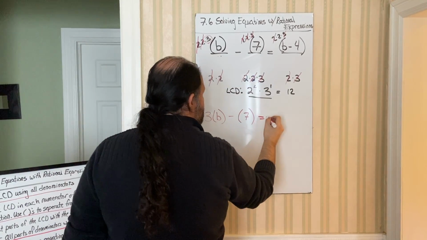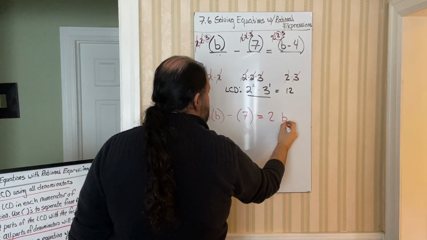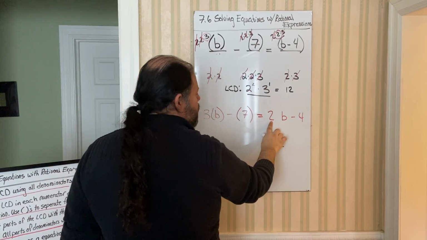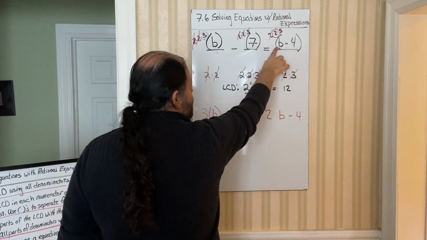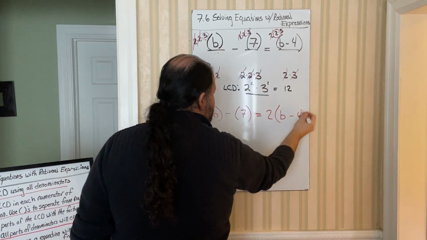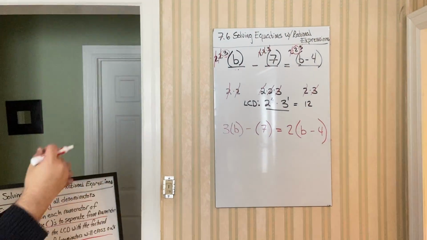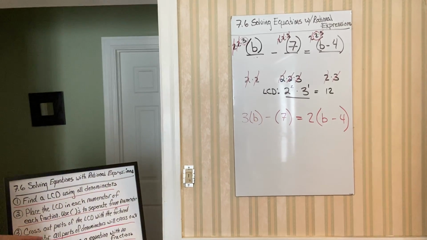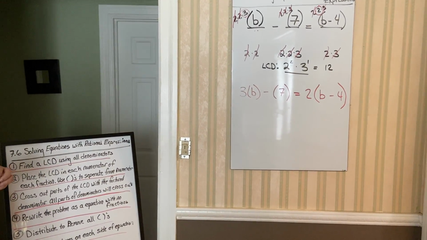Because if you don't use the parentheses, then you might have just 2b minus 4 and realize that you didn't need to distribute. In actuality, if you use the parentheses, you have to distribute. So make sure you bring those parentheses down. That's why we made it very important to separate the numerators with parentheses, because I'm going to bring it down.